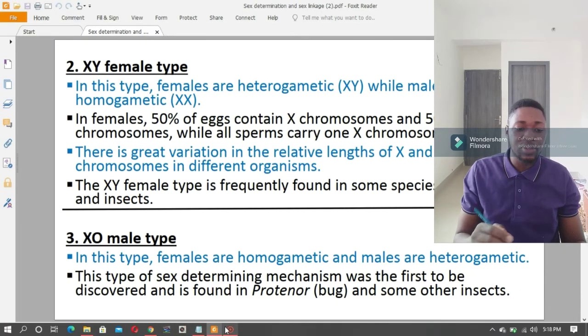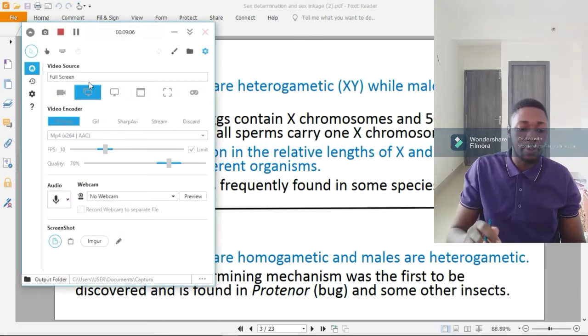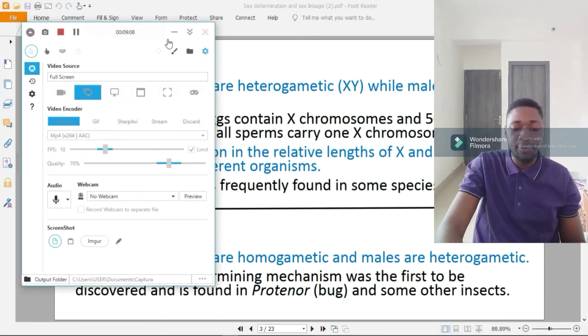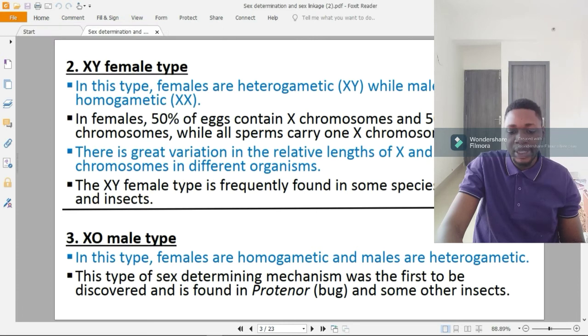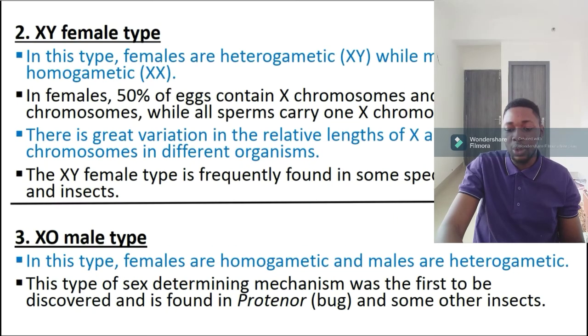We have the XO male type. In this type, females are homogametic and males are heterogametic. This type of sex-determining mechanism was the first to be discovered and is found in Protenor and some other insects.